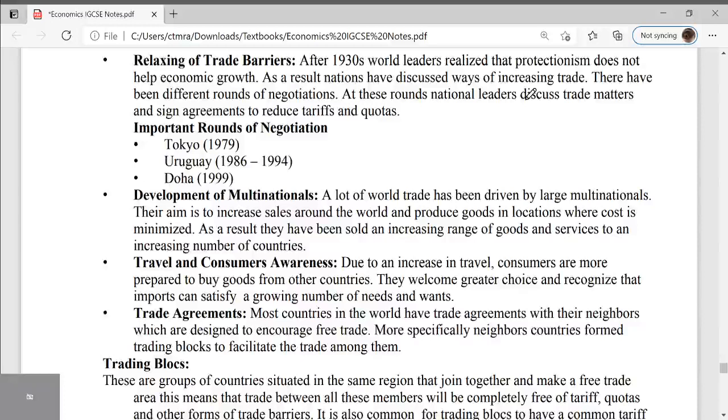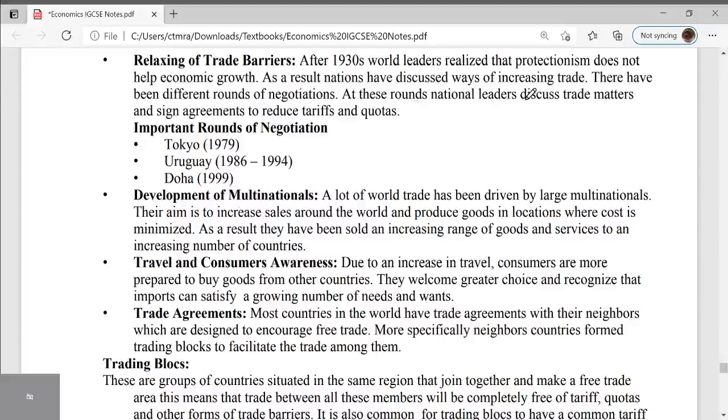And next we have travel and consumer awareness. Due to increasing travel and consumer awareness, the consumers are becoming more prepared to buy goods from other countries. And so they are welcoming greater choices and also recognizing that imports can satisfy a growing number of needs and wants.